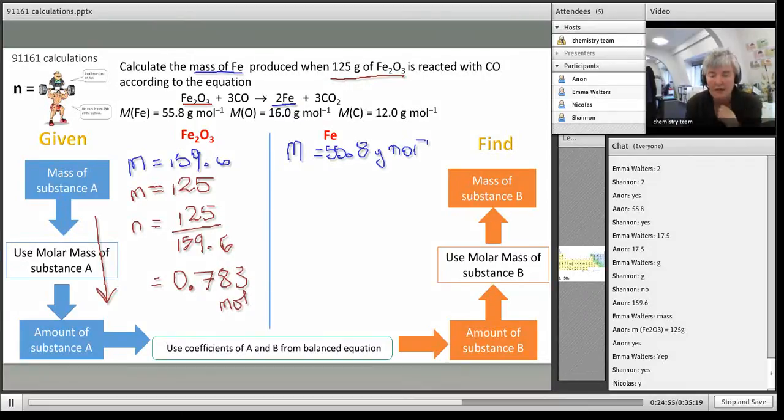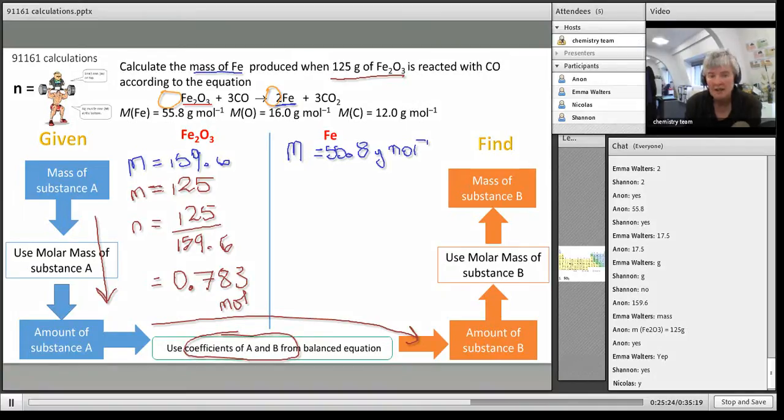Okay. Right, if I know the moles, to get from A to B I have to use my mole ratio. And if I'm given an equation, the way I do that is by looking at the numbers in front of my two substances. So 1 Fe2O3 is going to give me 2 Fe.